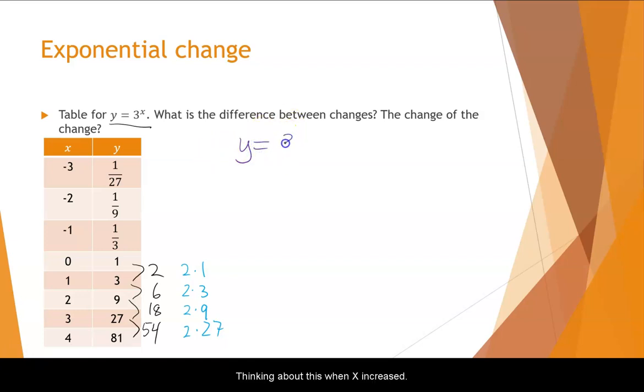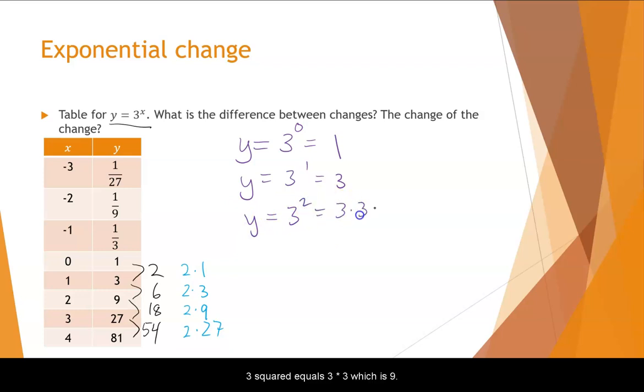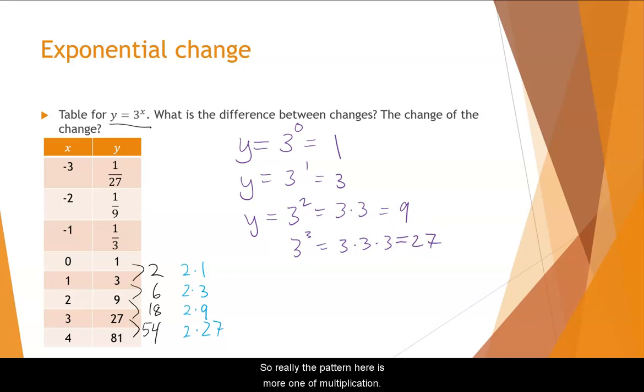But thinking about this, when x increased, what we did is we just multiplied in another 3 each time. 3 squared equals 3 times 3, which is 9. 3 cubed equals 3 times 3 times 3, which is 27. So really, the pattern here is more one of multiplication than addition.